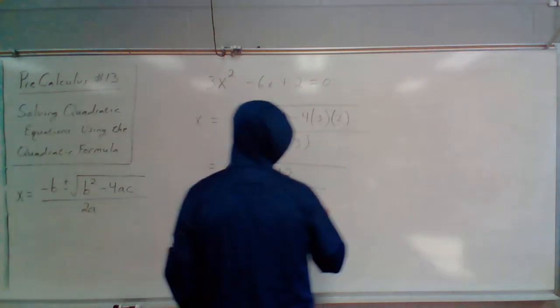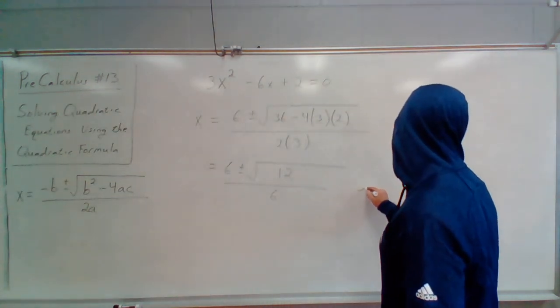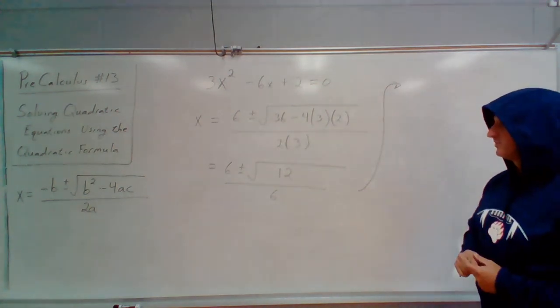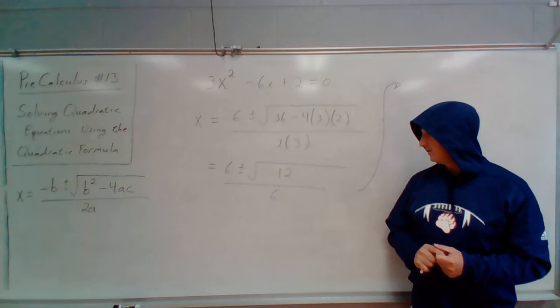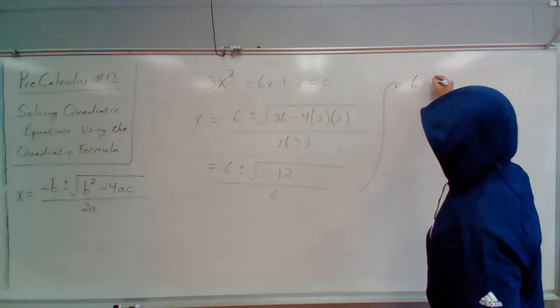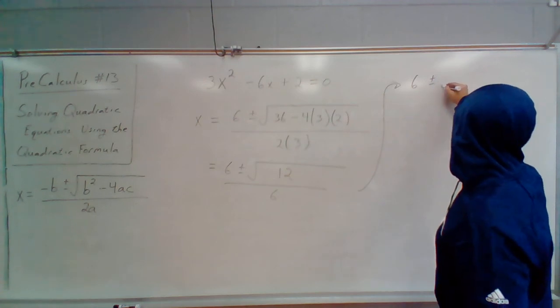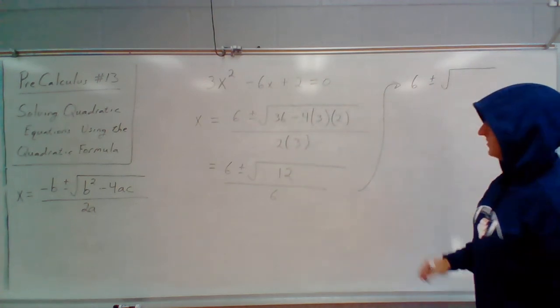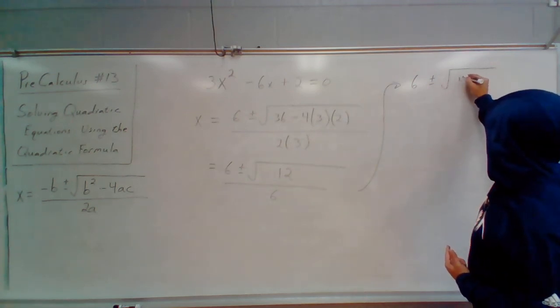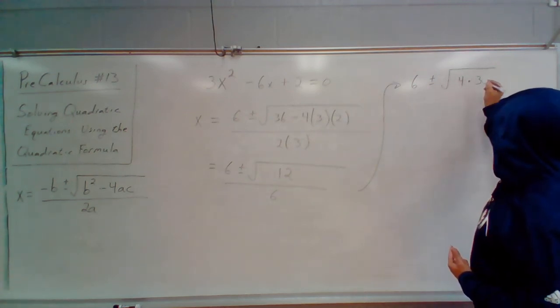All right, let's simplify that. All right, square root of 12. We don't know exactly what that is, but we can simplify it a little bit. So 6 plus or minus square root. All right, 12 can be rewritten as 4 times 3.